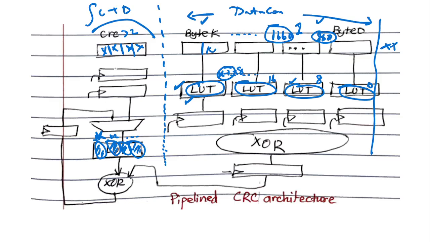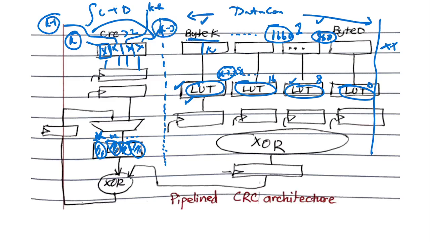And then on the CRC side, it's very similar. You have 4 different bytes of CRC coming in, 4 different lookup tables here, and they are a fixed offset, because when the whole k bytes go in, then this topmost byte would evolve by k, the next one would evolve by k minus 1 bytes, this would evolve by k minus 2, and this would evolve by k minus 3, right?